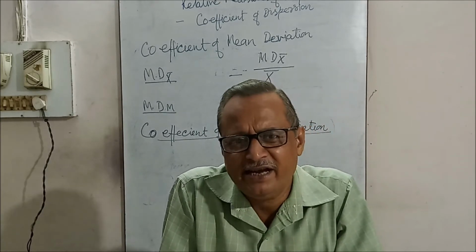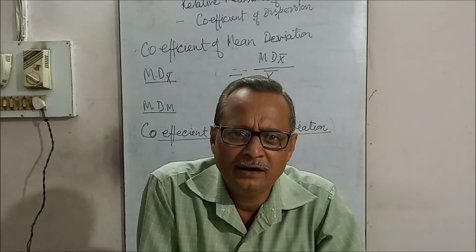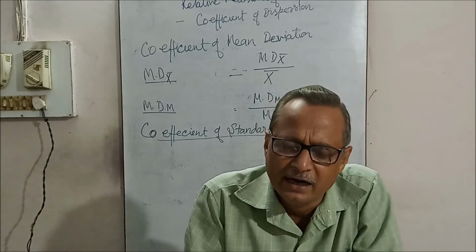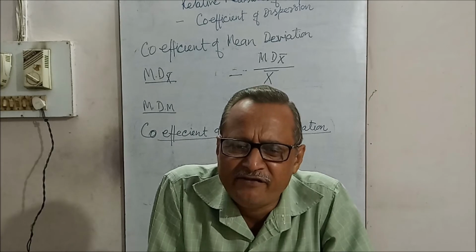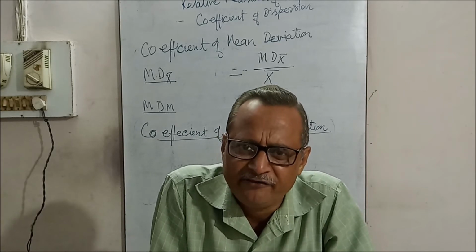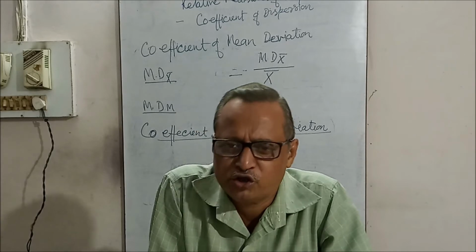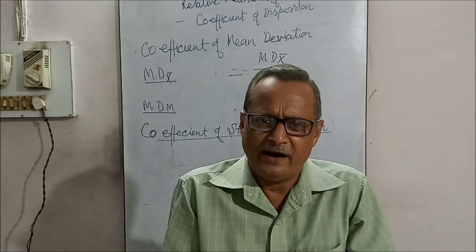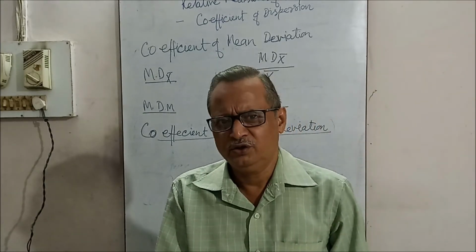Then you will get f dx and f dx square. Then put in the formula, for the discrete and continuous series both: under root summation f dx square upon summation f minus summation f dx upon n, or summation f, whole square. Then break the under root, and you will find the standard deviation. This is the method you have learned. You know it.